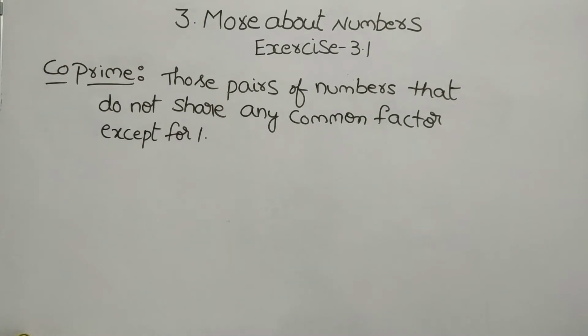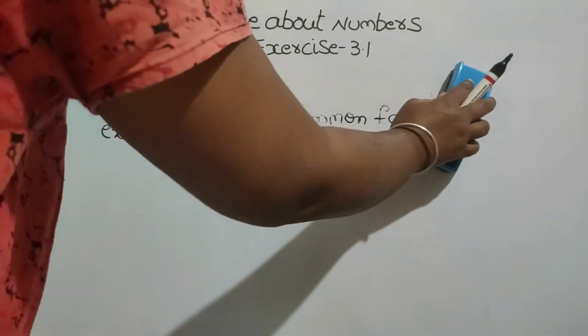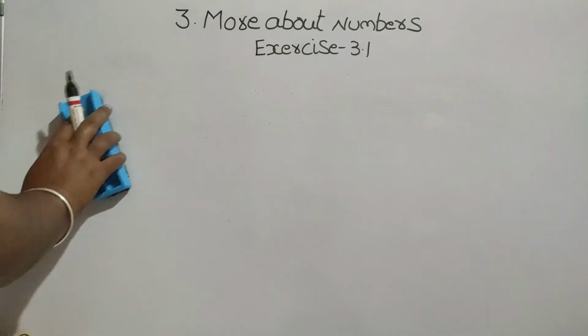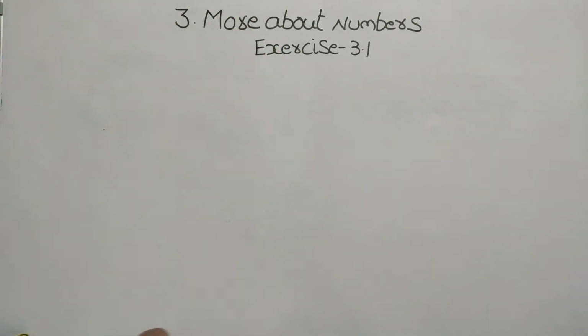Now we will see the example questions here. Seventh one, we have 5 questions. In this, what are all coprimes? They should not have a common factor except 1, because every number is having a factor as 1.